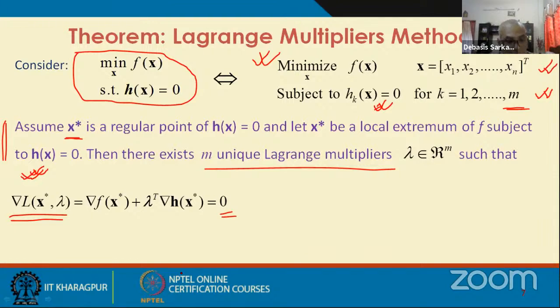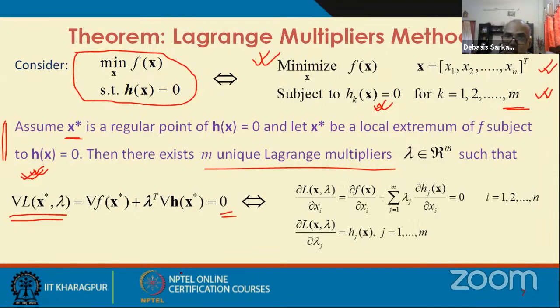So what is the Lagrangian function? The Lagrangian function is formulated by adding the product of Lagrange multipliers and the equality constraints to the objective function. So for example, let us consider I have two variables.